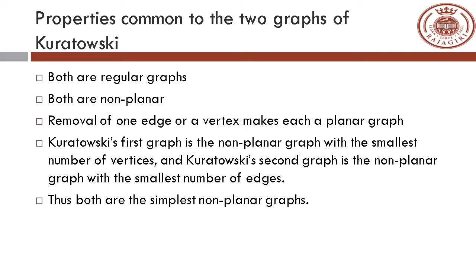The second property: both are non-planar, and removal of one edge or a vertex makes each a planar graph. Kuratowski's first graph is the non-planar graph with the smallest number of vertices, and Kuratowski's second graph is the non-planar graph with the smallest number of edges. Thus, both are the simplest non-planar graphs.